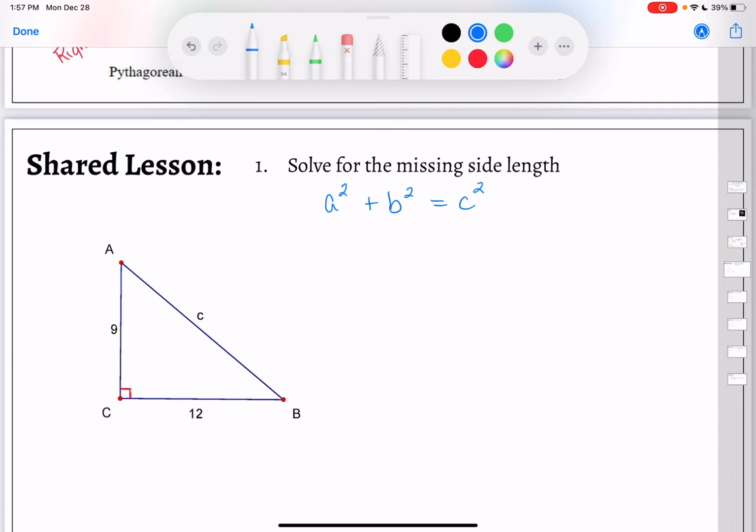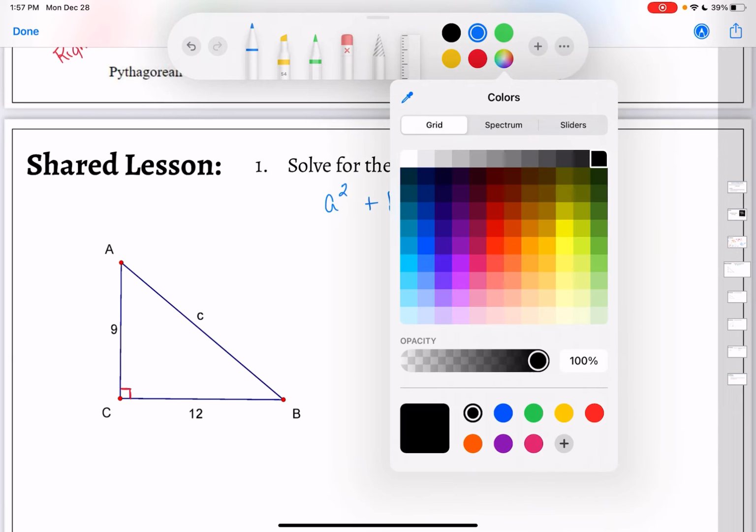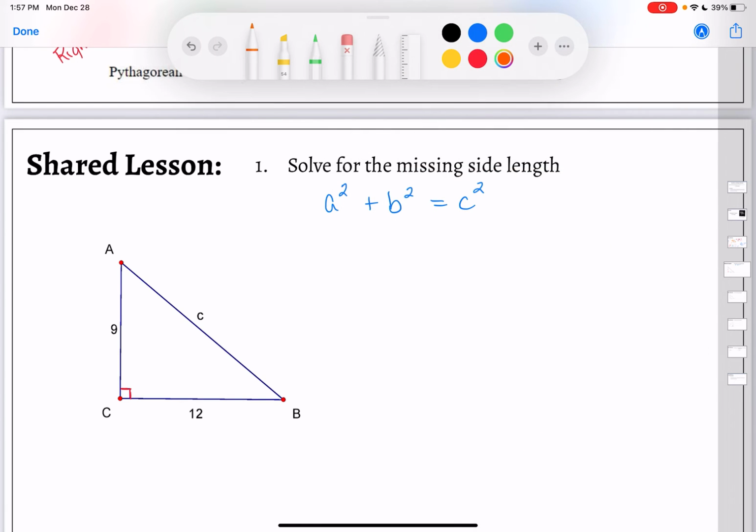C is the hypotenuse. So the first thing that I always do is find my right angle, and then I figure out which side is the hypotenuse. So this right here is the hypotenuse. This is side C. So that means that 9 would be A, 12 would be B. It doesn't really matter the order on that because you're just going to add the two together, so you can change the order.